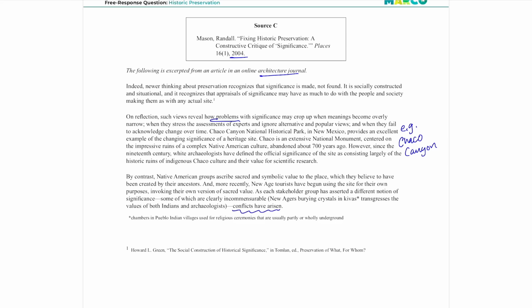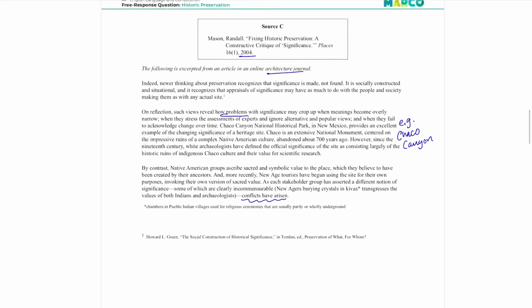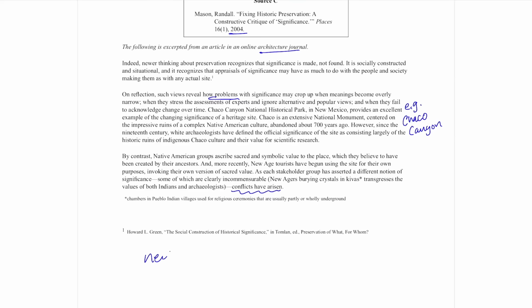So in this relatively neutral article, we get a view of problems with historical preservation. Specifically, we get conflicts, and we get changing meaning.